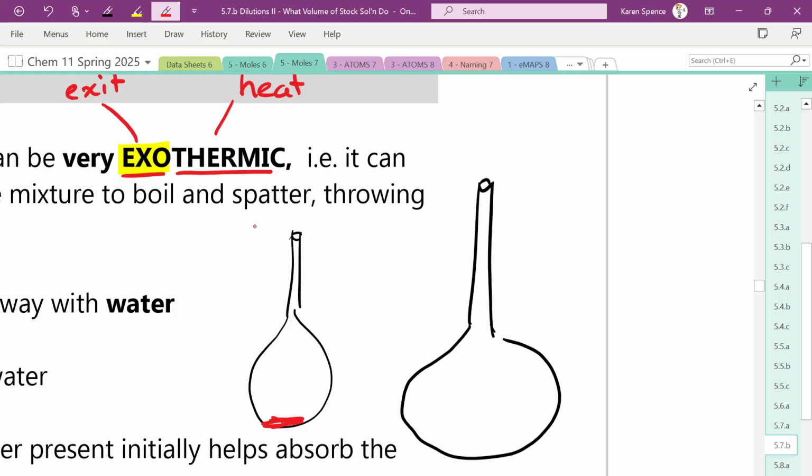And then if we start throwing water into that, boil. So that's bad. But instead, what if we did this?